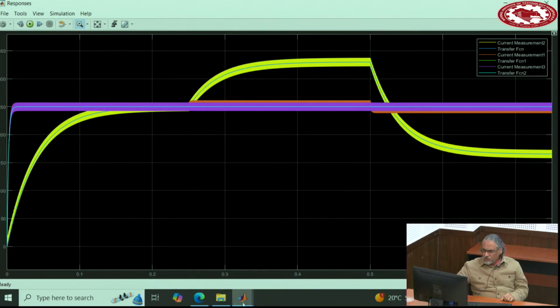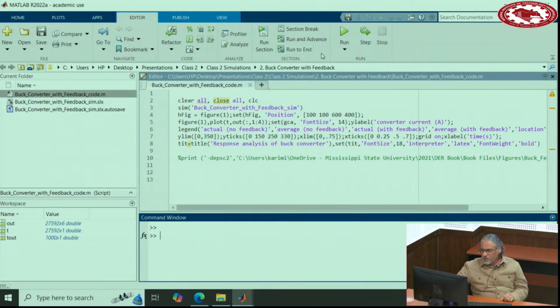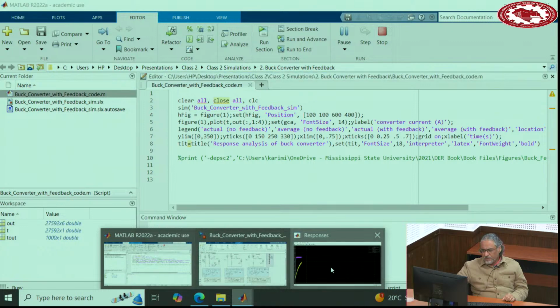All right. So with the simulations, there is a code here. And if you look at this code, and I run this code, it runs the same simulation and generates the figure that you have in the file. It's running now.